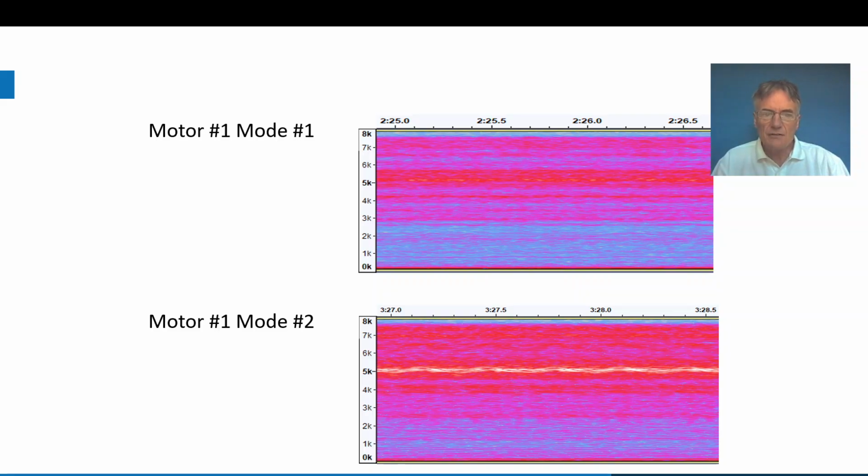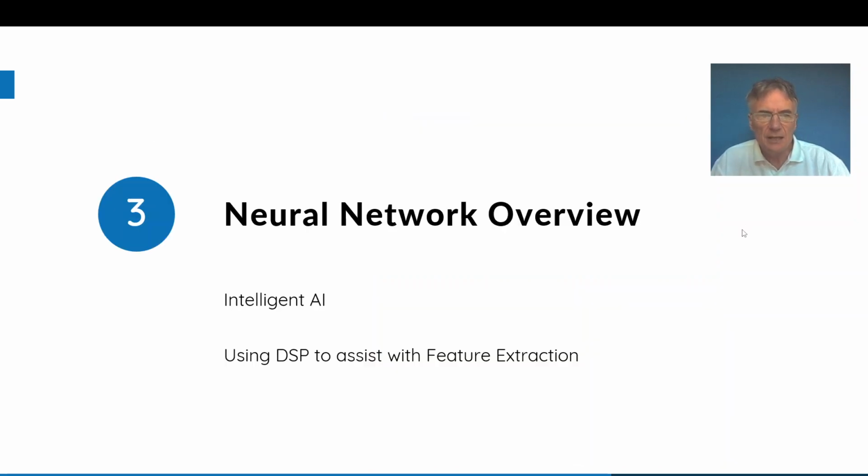And it's those differences that the neural network is going to find very easy to detect. Okay, so that's a very high level view of what we're going to do. There'll be more detail in a minute.